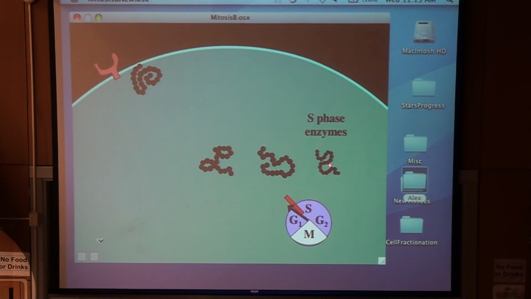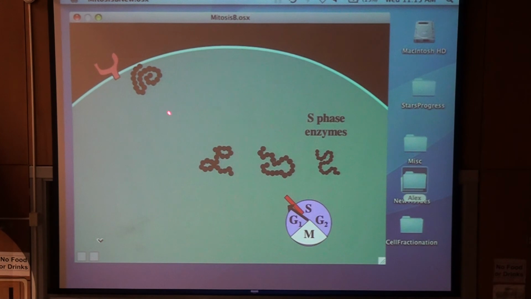Notice that it's black to indicate it's in an inactive state, because that's what I was telling you, that when the cells are stopped here, they are stopped here because these S phase enzymes are not activated yet. And so the goal for the cell is that when the growth factor binds to this receptor here, what we're looking for is eventually to activate the S phase enzymes so that the cell does enter S phase.